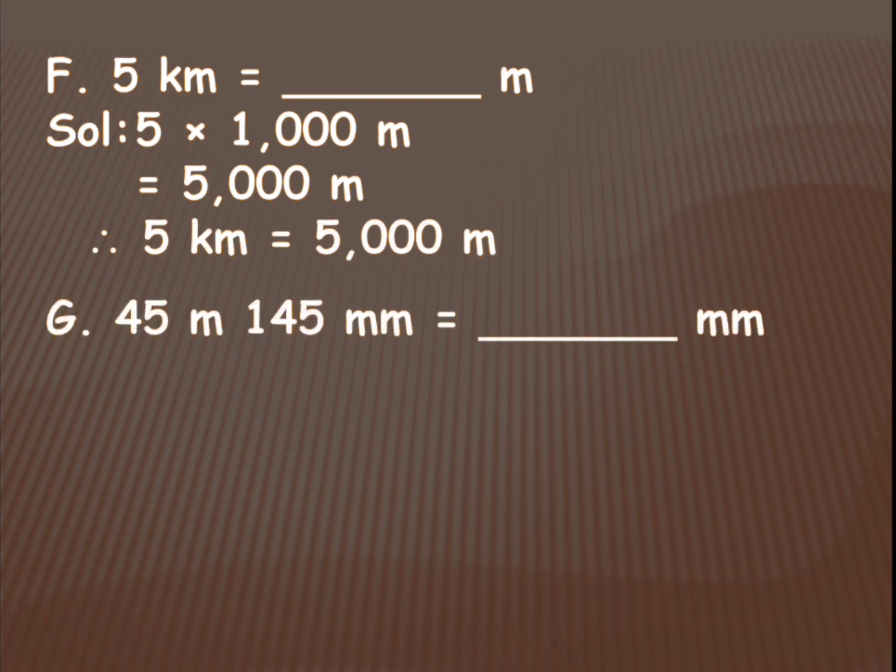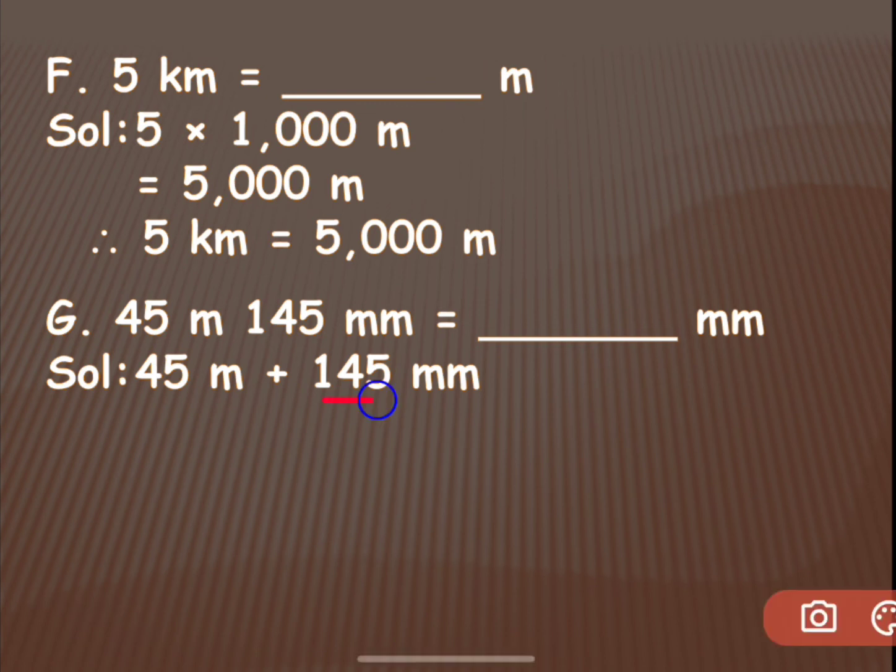Next one. Here they have given meters and millimeters together, and we have to make it into millimeters. For that, what we used to do, we used to separate the different units, meters and millimeters, isn't it, children? 45 meters plus 145 millimeters. This is already in millimeters, so we need not convert it.